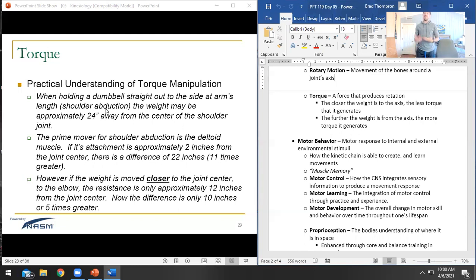So that's an 11 times difference between the length of this muscle and how far away it has to be able to produce force. So that's going to feel relatively heavy if I'm trying to do raises like this. But if the weight was moved closer to the joint center, so let's say I duct tape that dumbbell.